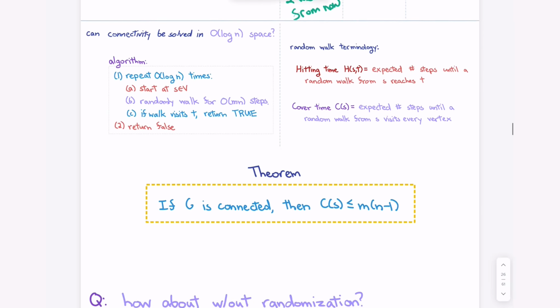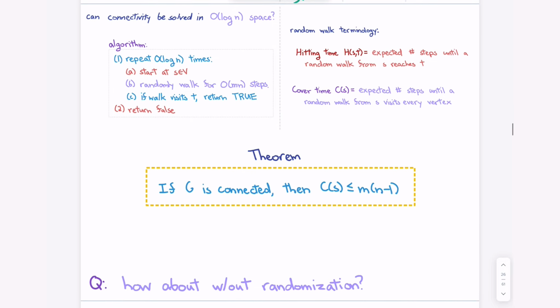This is what we did a few weeks ago, sometime before the solar eclipse. Basically, because the cover time is always at most a polynomial, a random walk will hit T. And so the question is, can you do this without randomization?